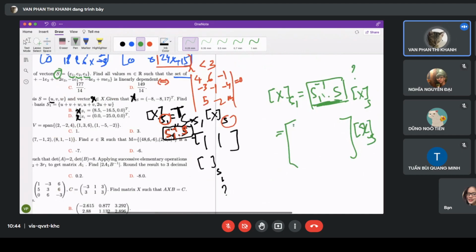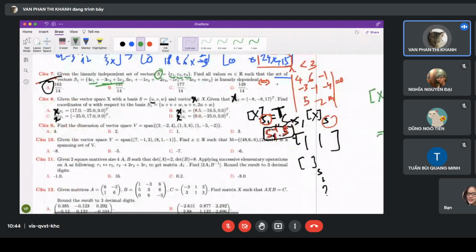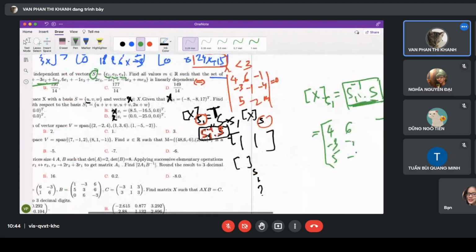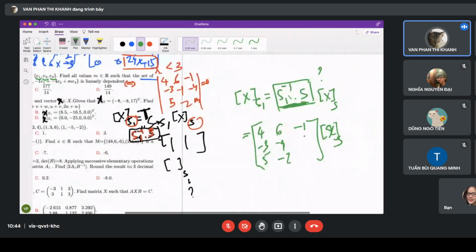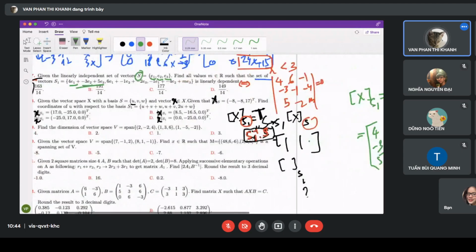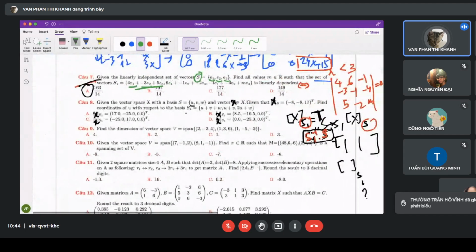S1 here is 4, minus 3, 5; 6, minus 1, minus 2; minus 1, minus 4, and M. Oh, no, where did I write? Oh, no, not this one. This question, sorry, I looked at this one. No, I erased it. Sorry, I had a phone call and I forgot.